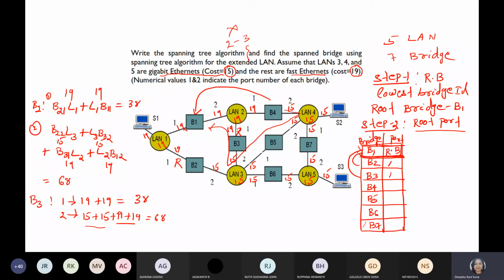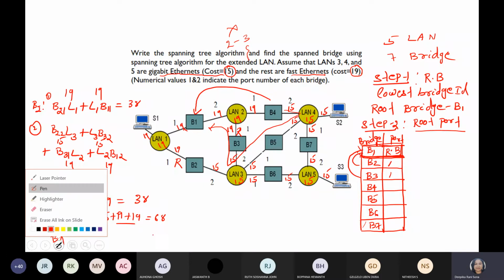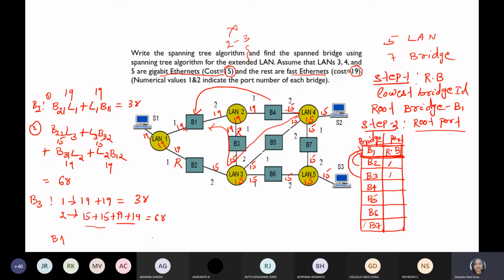But anyway, we have to mark two ports, either port 1 or port 2 as the root port, from the calculation. So for B4, how many paths are there? Path 1 and path 2.